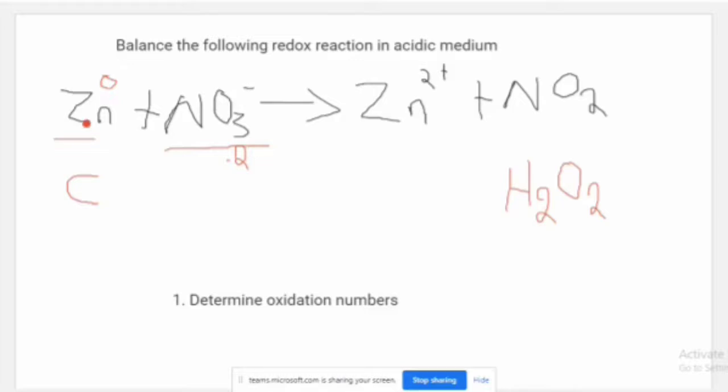That is just the way it is. Zinc has variable valence electrons. If it doesn't have any charge, the oxidation number is 0. If it has a charge, then the oxidation number of zinc is going to be equal to the charge. You can see the difference between this zinc ion here and this zinc here. Can you see the difference?